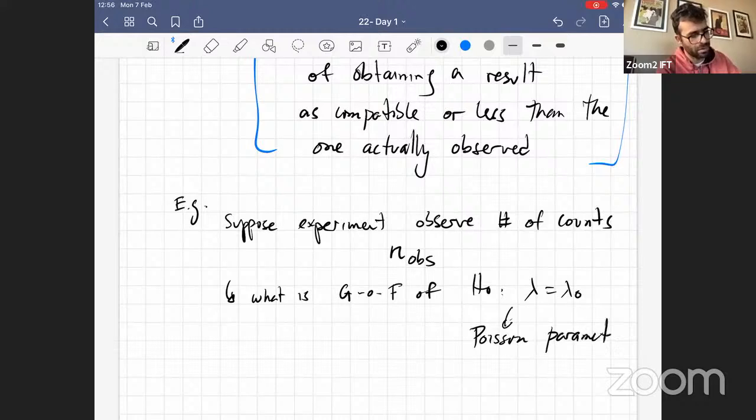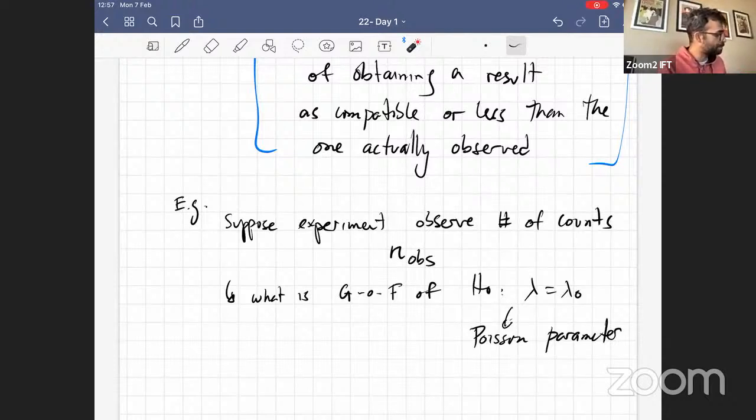I'm assuming that this n observed, this random variable, follows a Poisson distribution. You can imagine that lambda contains the parameters of your model, your beyond standard model theory or whatever, and as a function of all these parameters you compute a lambda. This is the expected value of the number of observations.